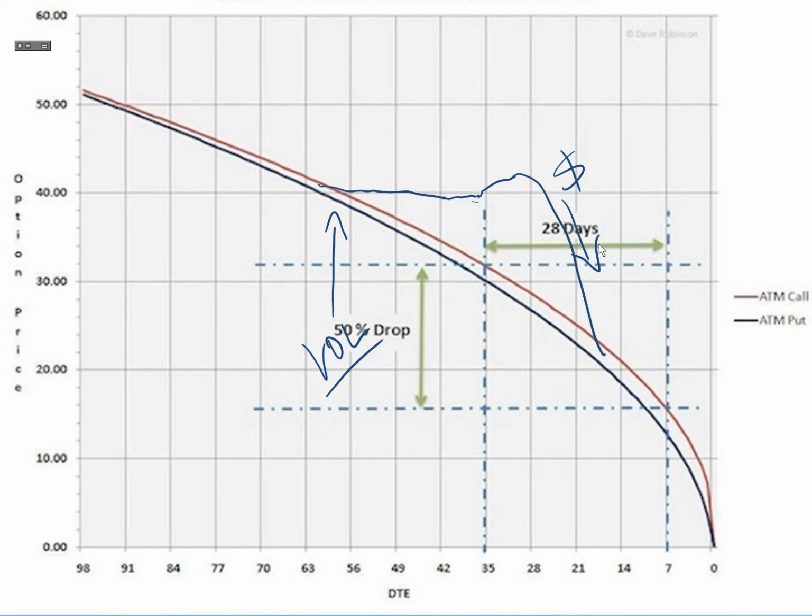When we were up in the 80s, that was close to a 10% daily move. So when the probabilities of that kind of move are happening, those premiums get pumped up and our wings get very wide. Then when that volatility comes out, it all contracts and kind of implodes on itself. And that's what we want. We want that implosion, or volatility crush, so that we can have it catch up.